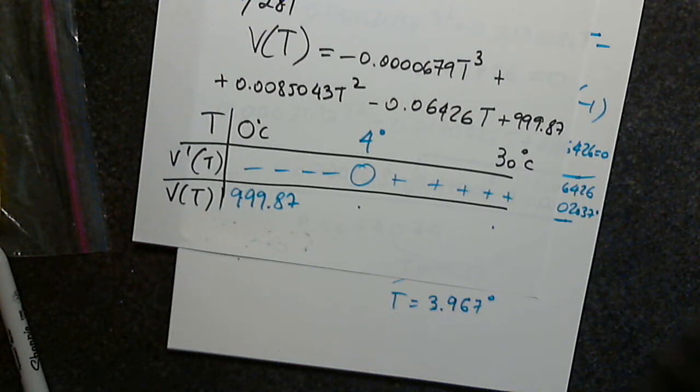And I know I want only two values. I want 4, which is not exactly 4, really, and I want 30.